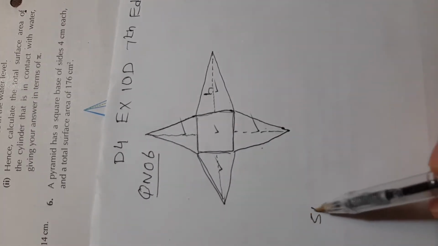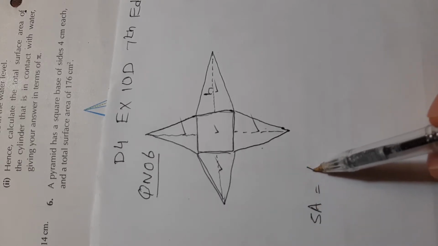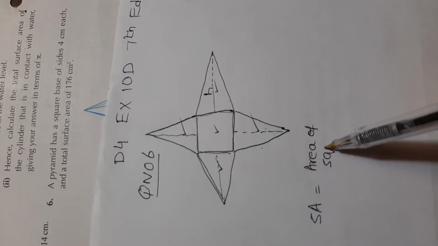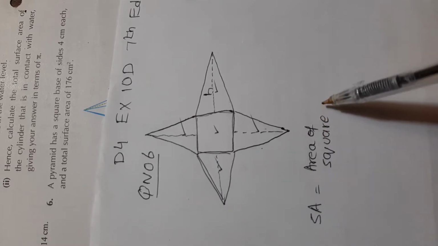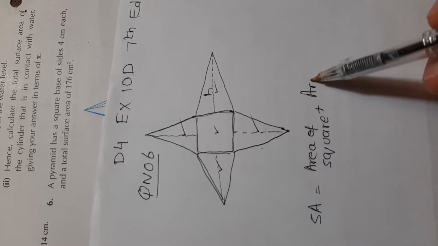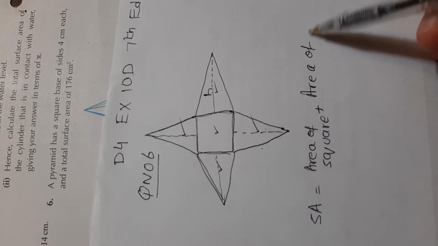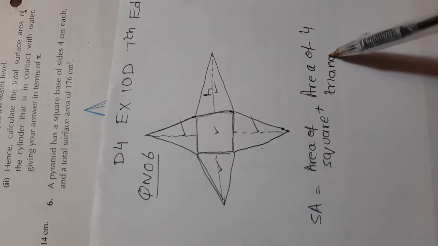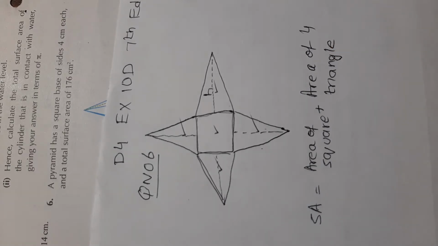So the total surface area is basically the area of this square in the middle plus the area of our triangles, and because these triangles are the same, their area can be obtained easily.